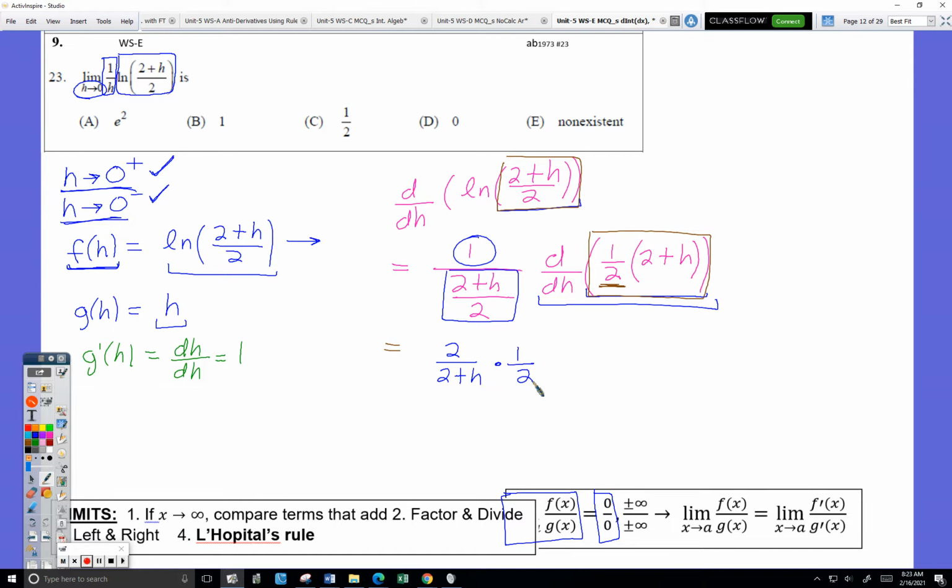The derivative of 2 plus h is 1. When these multiply, these divide, I'm finished with my derivative. So I just found my f prime of h is 1 over 2 plus h.